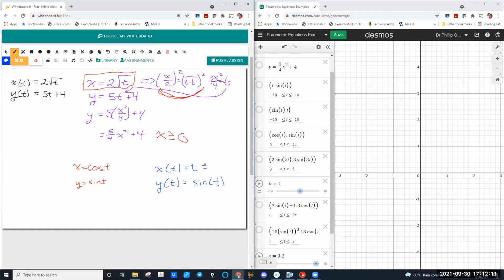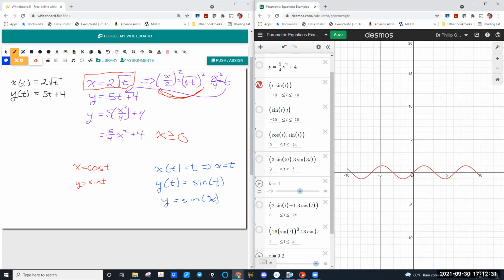The reason this works is if we eliminate the parameter, x is t, so basically I have y equals sine of x. So it's a quick little trick to plot any function as a set of parametric equations.